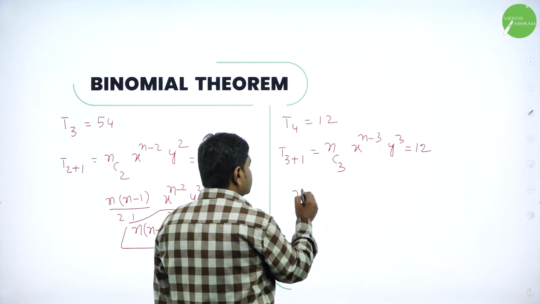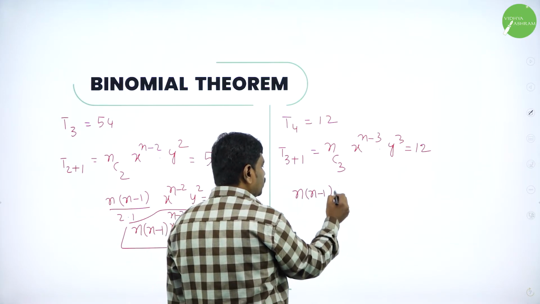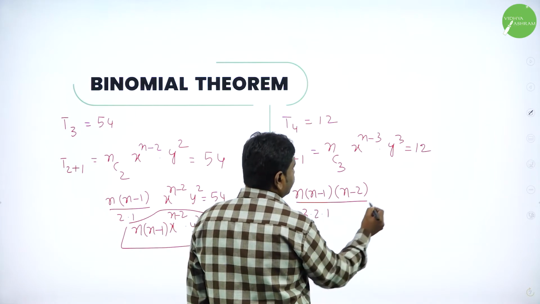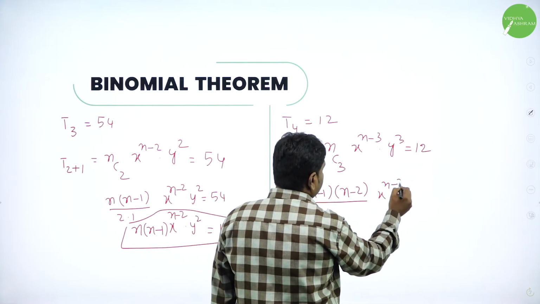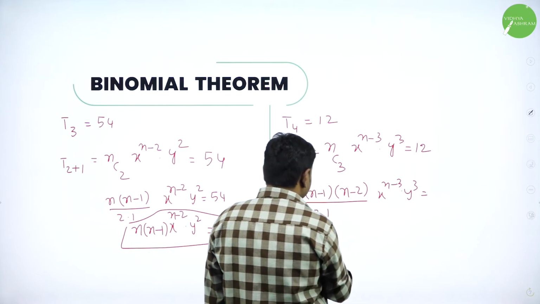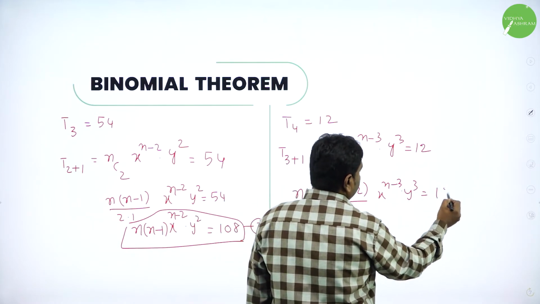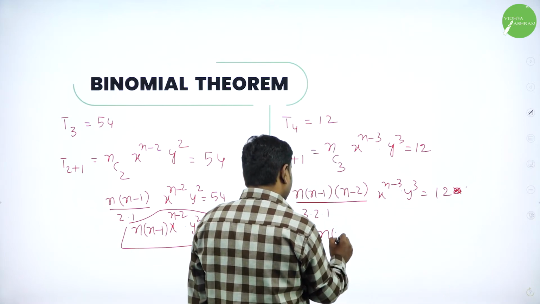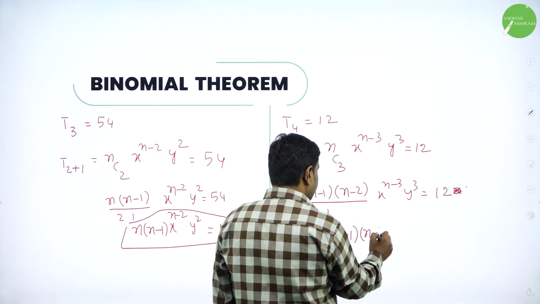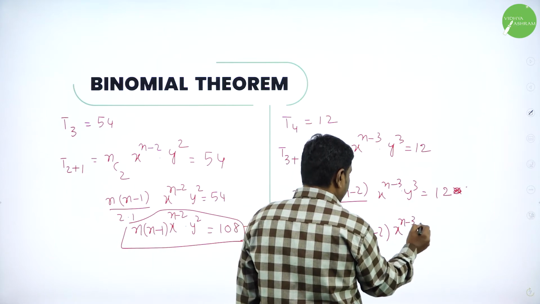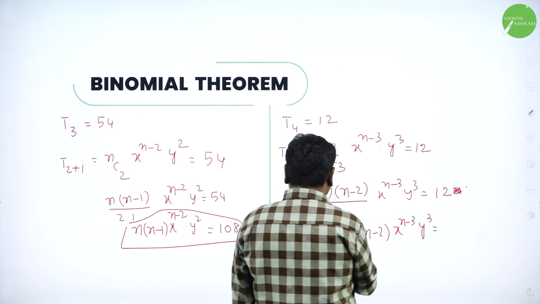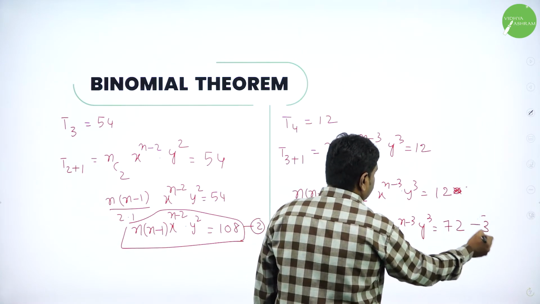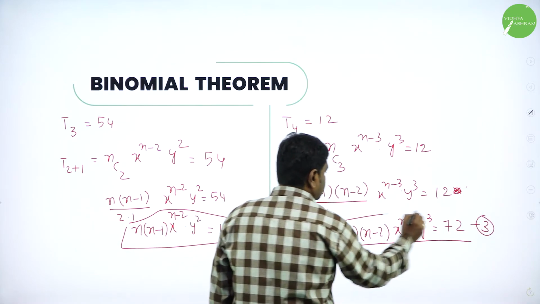So now nC3 means n into n minus 1 into n minus 2, 3 terms, divided by 3 into 2 into 1, x power n minus 3 y cube. So 3 2s are 6, it will become 12 into 6. So this is 12, transfer this to RHS. So you'll have n into n minus 1 into n minus 2 into x power n minus 3 y cube is equal to 3 2s are 6, 6 if you transfer that side, 12 6s are 72. Call it 3. So now we created 3 equations from whatever is given.